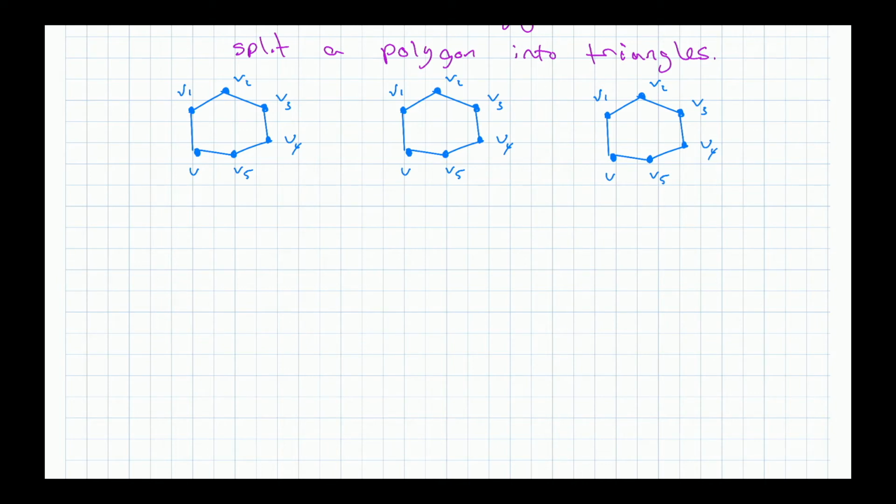So like, for example, if I add a few new edges here, like if I add an edge there, and I add an edge there, and then I add an edge there, now that entire thing has now split up into triangles, right? There's a triangle here, here, here, and then one in the middle. So that's all triangles. But that's not the only way to do it, right? You could split it up a lot of different ways. You could split it up this way.